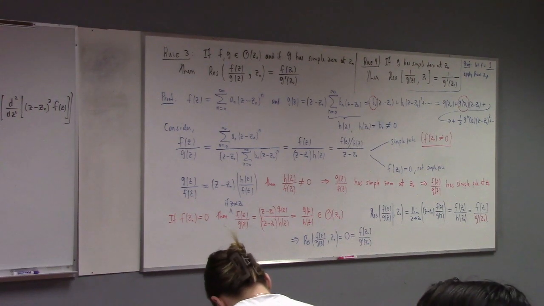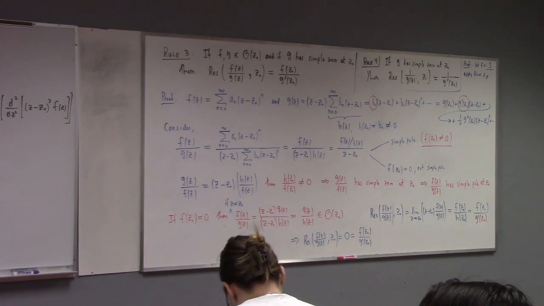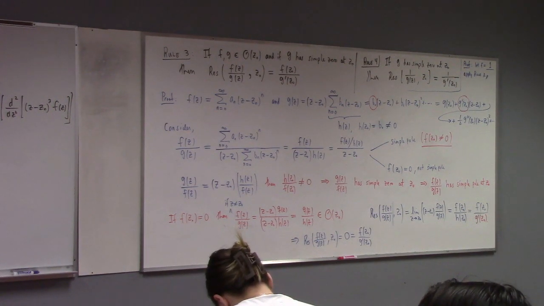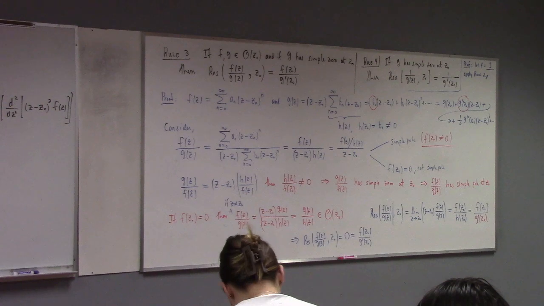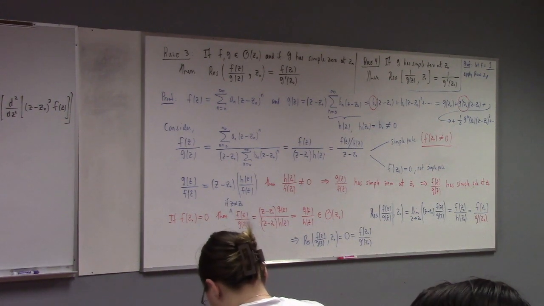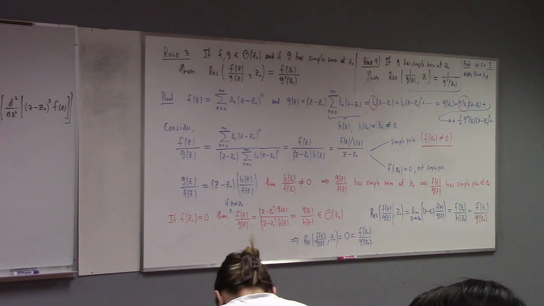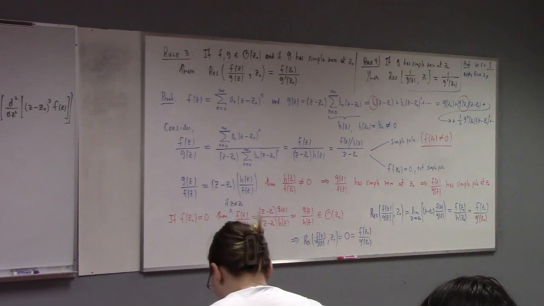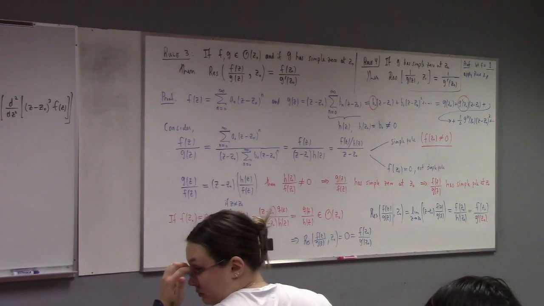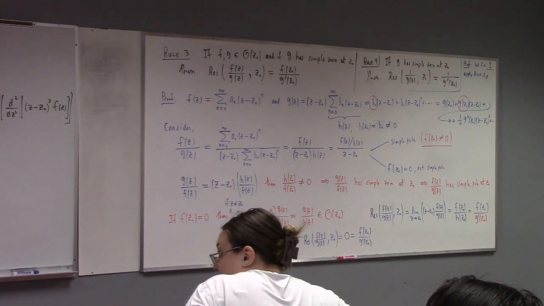How about we want to calculate the residue of 1 over z cubed plus 1 times z squared at 0. So which rule should we use on that one? You got to know your enemy first, right?